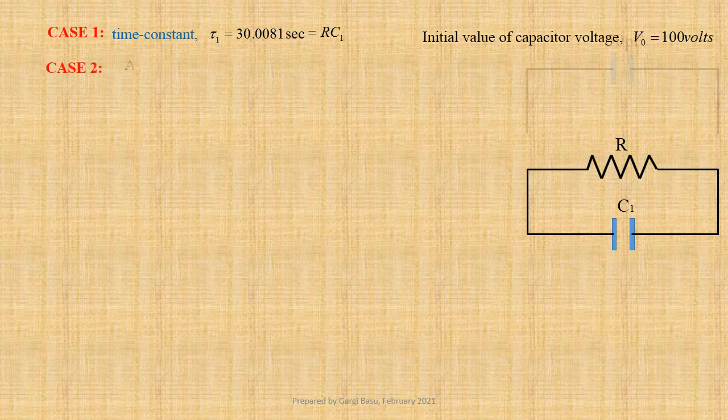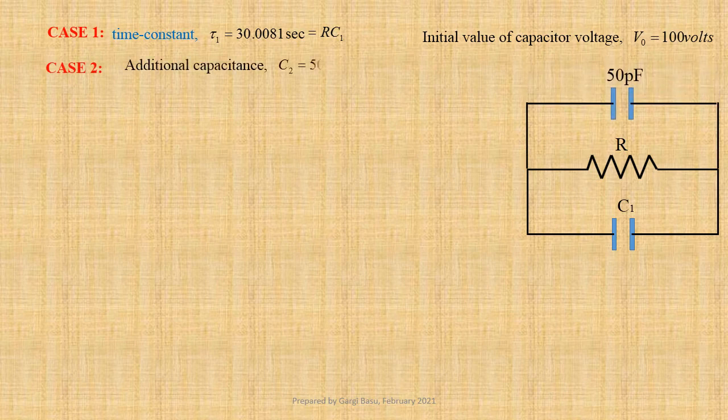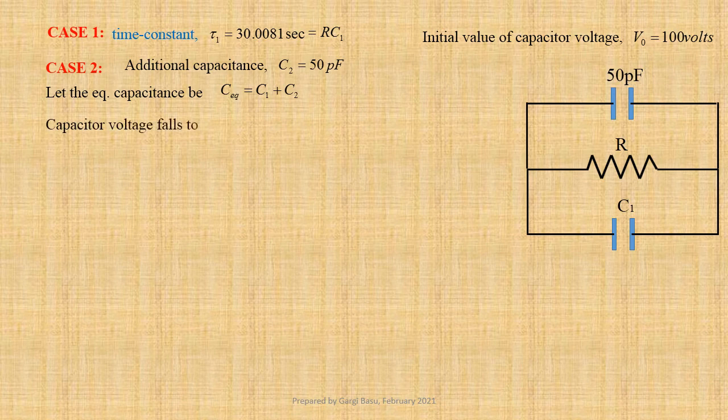Case 2. When an additional capacitance C2 equals 50 picofarad is connected in parallel with the test capacitor, let the equivalent capacitance be Ceq equals C1 plus C2. Capacitor voltage falls to V1 equals 50 volts in T2 equals 55.5 seconds.